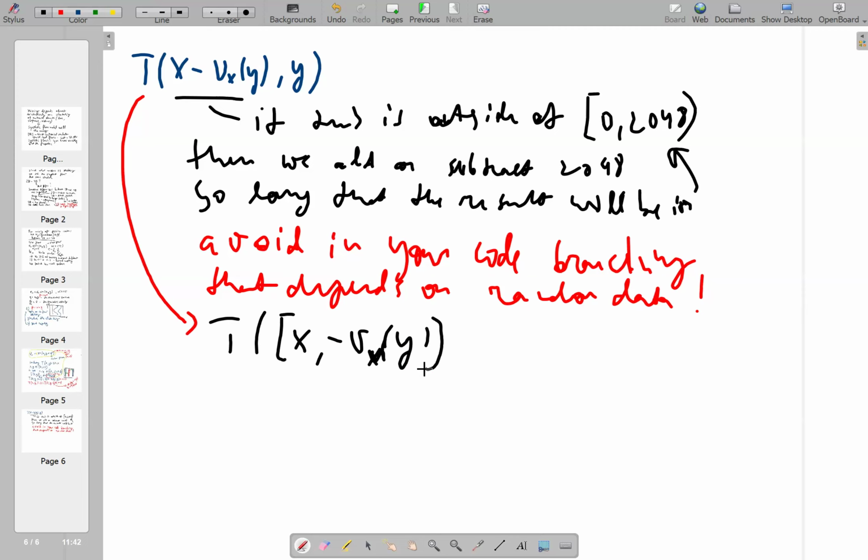And now we take a remainder of division by 2048. Do you think this will work? Remainder when you divide by 2048.